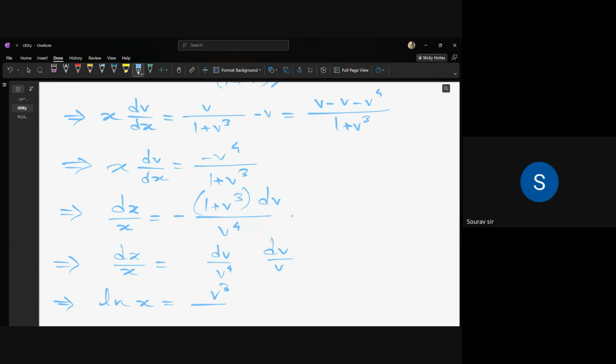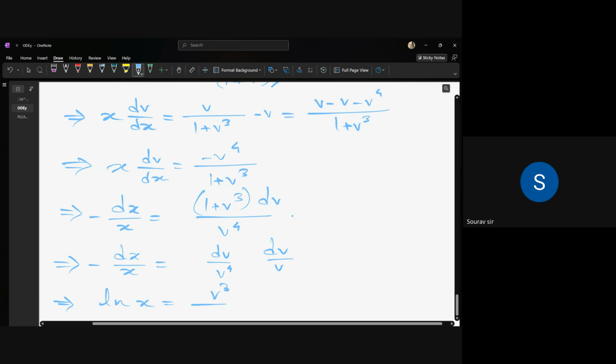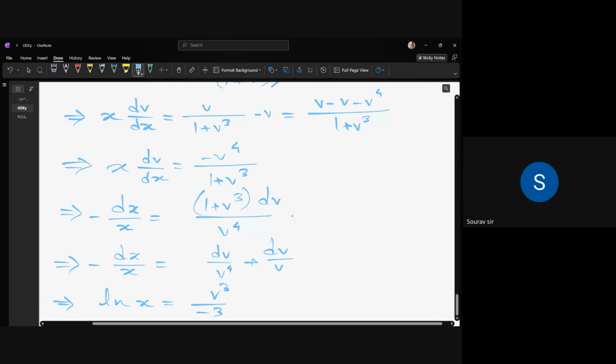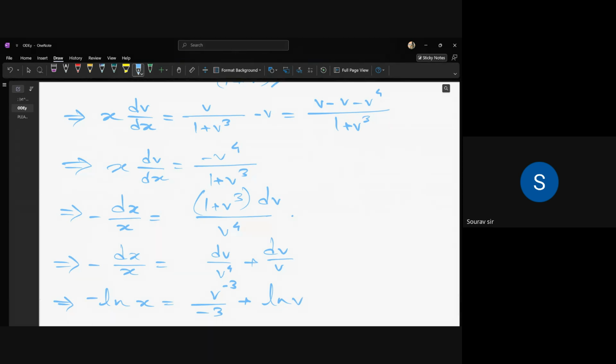Let us move this minus to this side, and then I think the confusion will not appear. Then we will have this thing here. From this we can write this, and that will be minus 1 by 3 v cube, and we will have ln v minus ln x plus c.